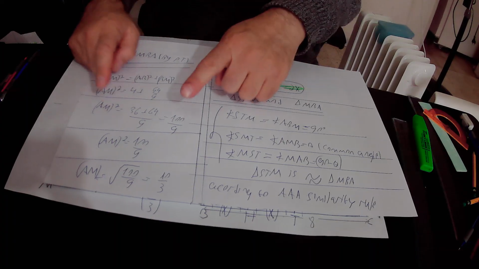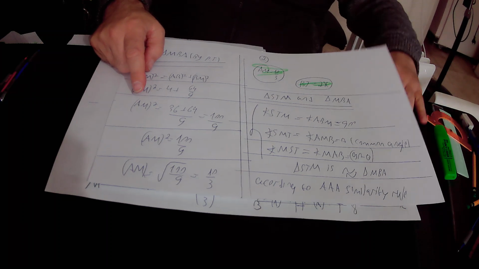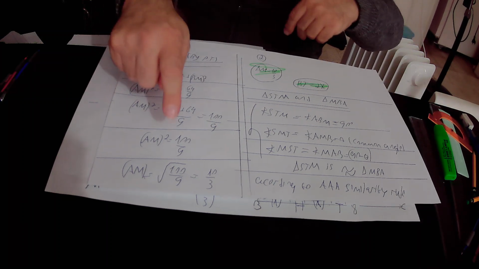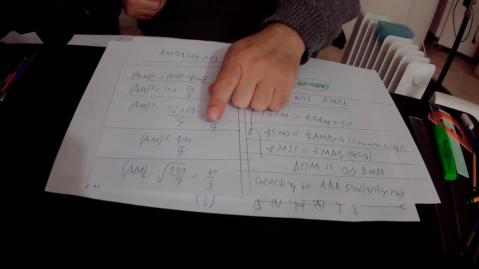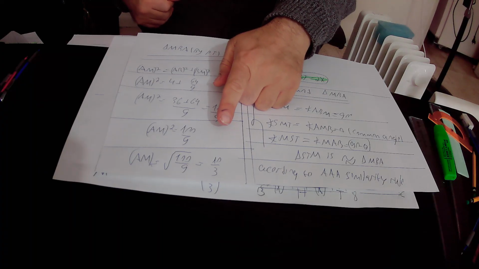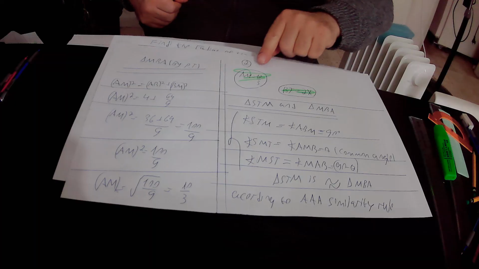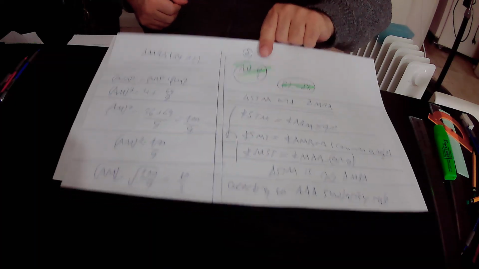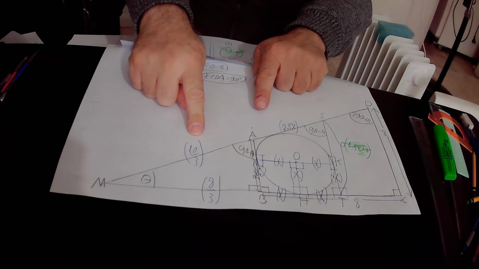So AM squared equals 100 over 9. We took the root of this equation, and finally found that AM equals the square root of 100 over 9, which is the square root of 100, that is 10, over the square root of 9, that is 3. So in conclusion, the hypotenuse AM equals 10 over 3 units in length.